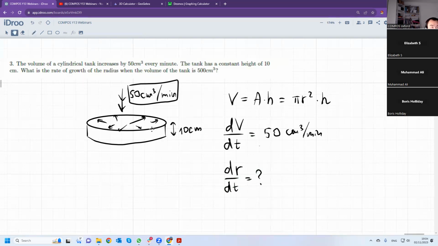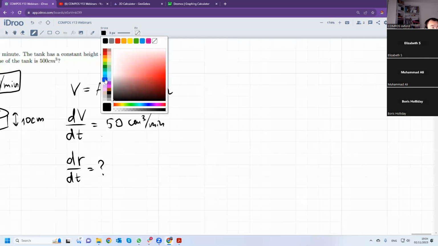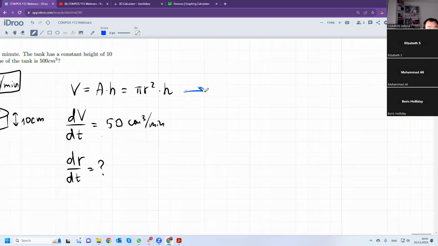Okay, so what we do is we take the volume and we differentiate it with respect to t. We find dV/dt equals d/dt of pi r squared h. Now pi doesn't change, h doesn't change, so we can take them out.